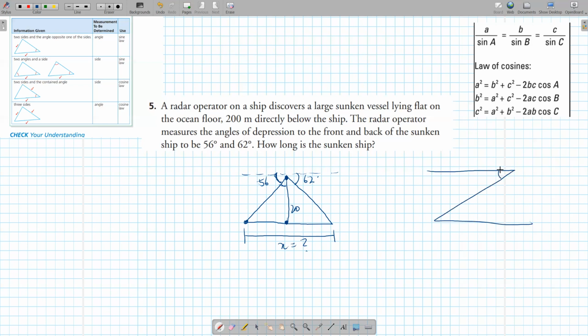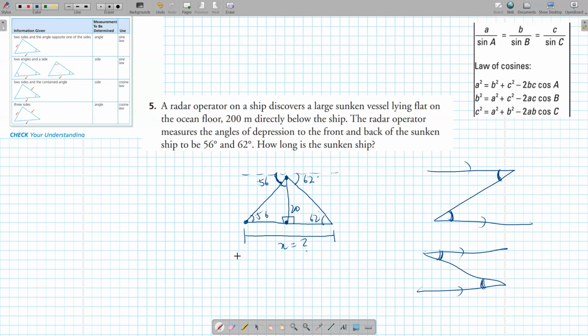You see, if this is something, this is equal to this. Same thing from the other side. If these two lines are parallel, then this angle will be the same. So the question is, if this is 56, where in this triangle is 56? The bottom left. Yes, so this is 56, and then automatically this would be 62, yeah? And again, this is vertically downward, so they're both 90 degrees.